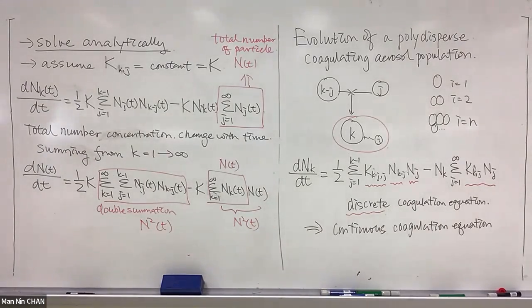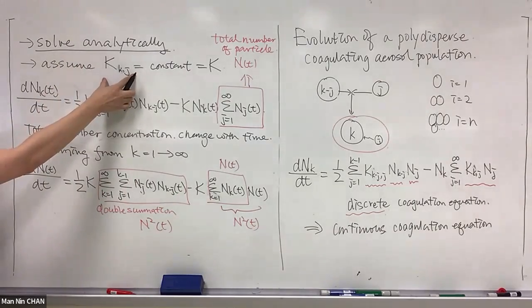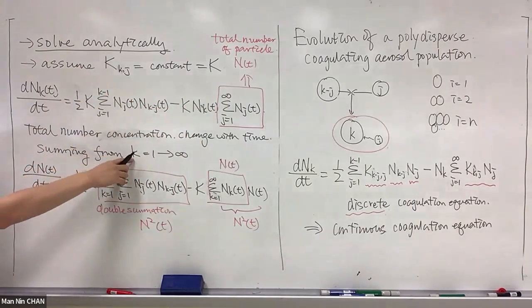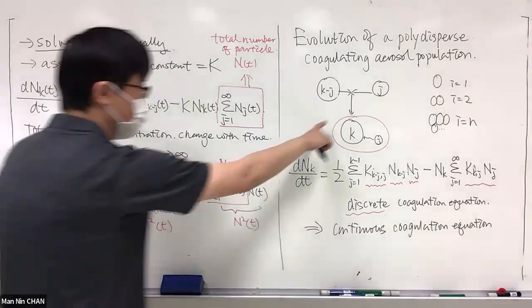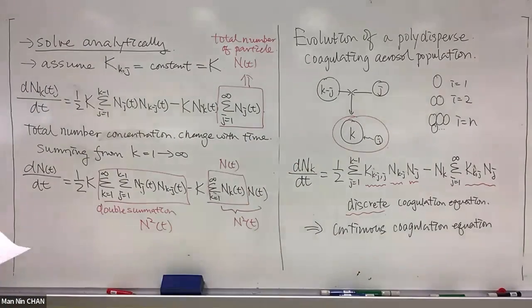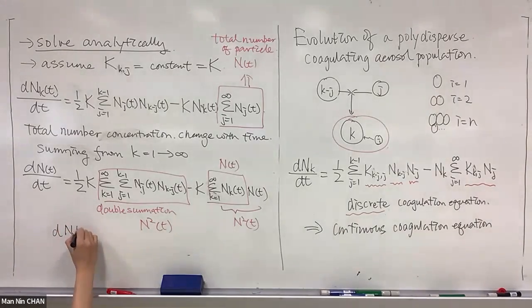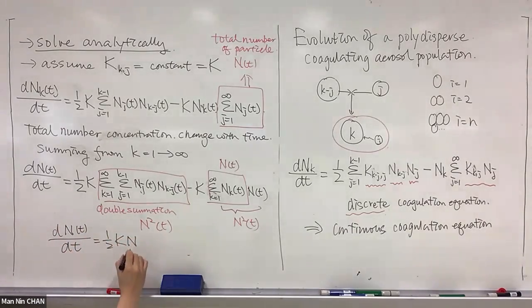If you do all this summation, and you make the assumption that all the coagulation coefficients are constant, and I consider the summation from k equals 1 to infinity, so basically all the particles with all the sizes, you will get a very similar result.